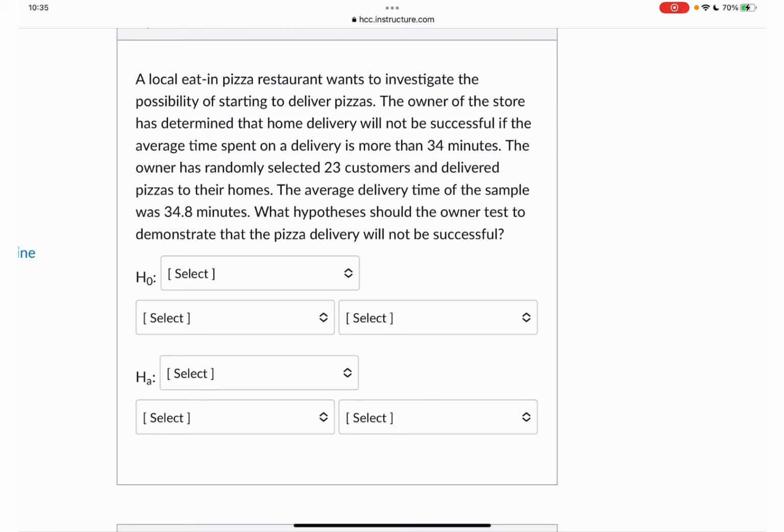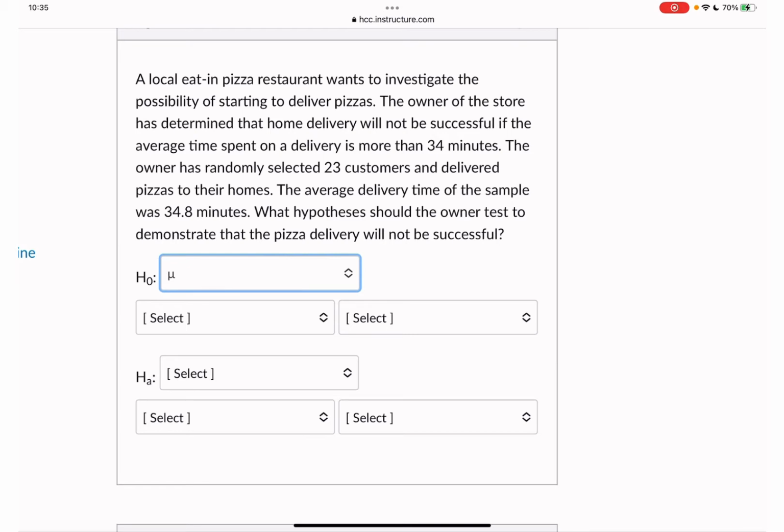Since it's asking for the case when pizza delivery will not be successful, where is the description of that case? Here it is. The owner of the store has determined that home delivery will not be successful if the average time, that already tells us we're using mu, average time is more than 34. More than 34, the equal sign is missing, right?